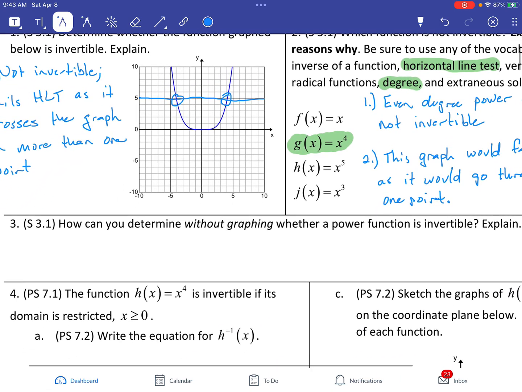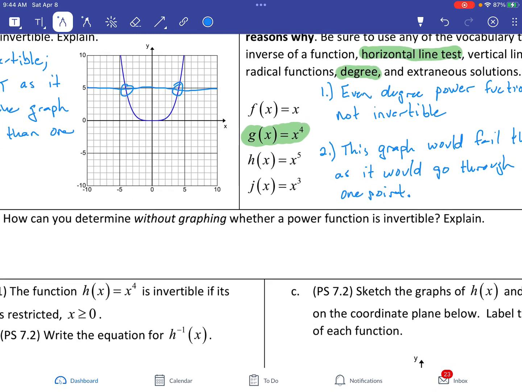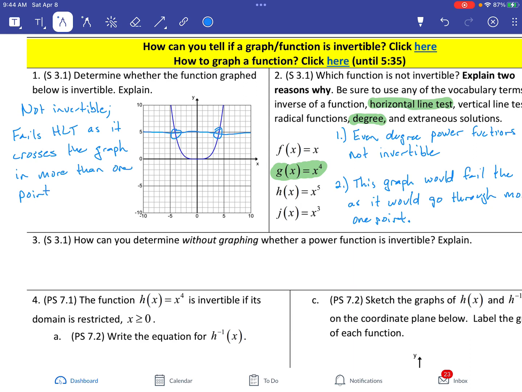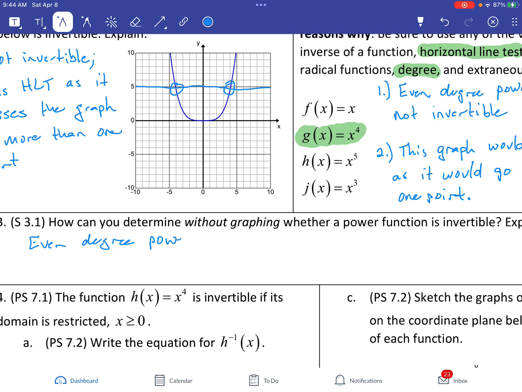Number 3, how can you determine without graphing whether a power function is invertible? Explain. Well, we just saw that in part 1 of question number 2. Even degree power functions are not invertible.